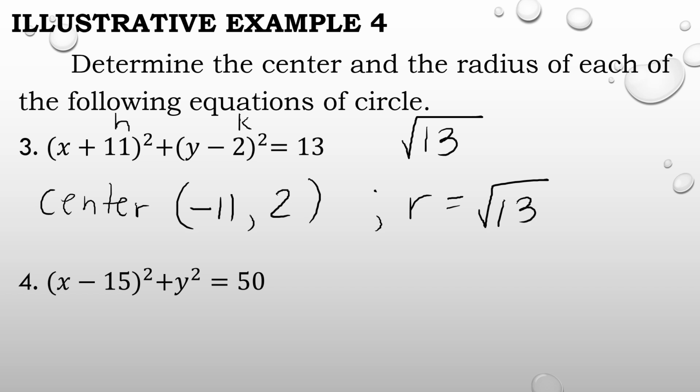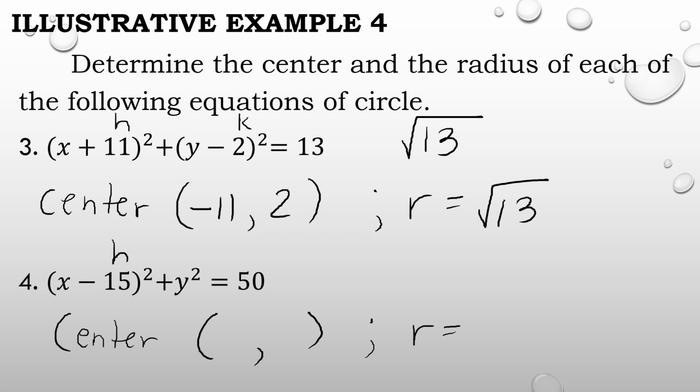Next, for the fourth example, we have (x - 15)² + y² = 50. So the center, class, is h comma k, and the radius is the square root of 50. For h, remember that we have x minus 15.